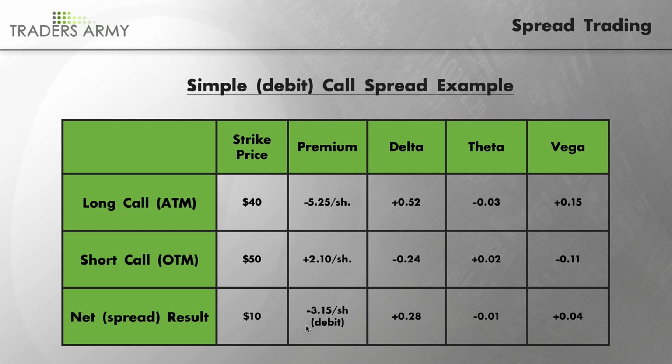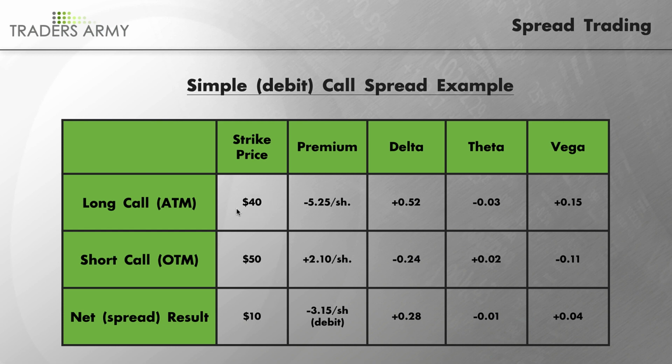Okay, so again, this spread could be worth no more than $10 at any one time. But watch what happens if you hold this position and the stock price actually moves up like we think it's going to, and it goes up to 50. The spread is worth the difference between the two.